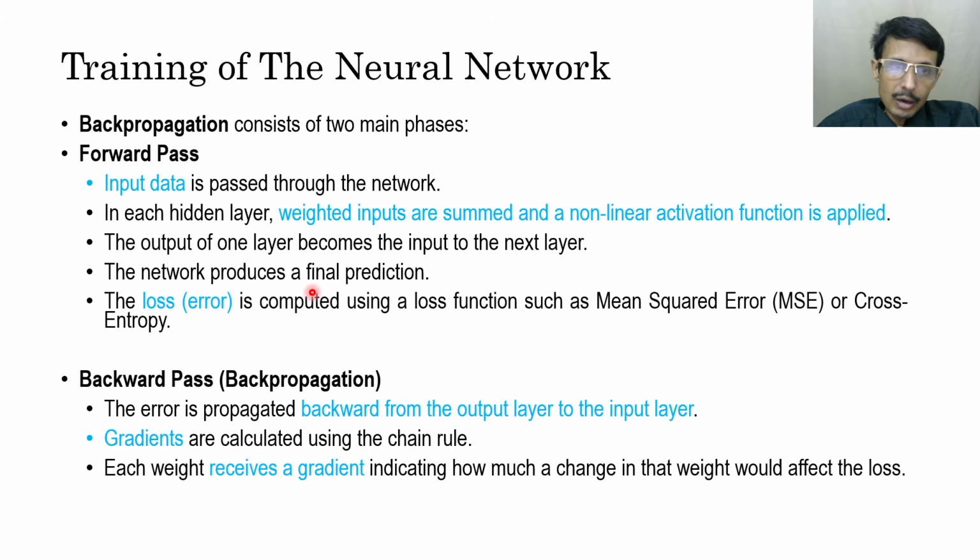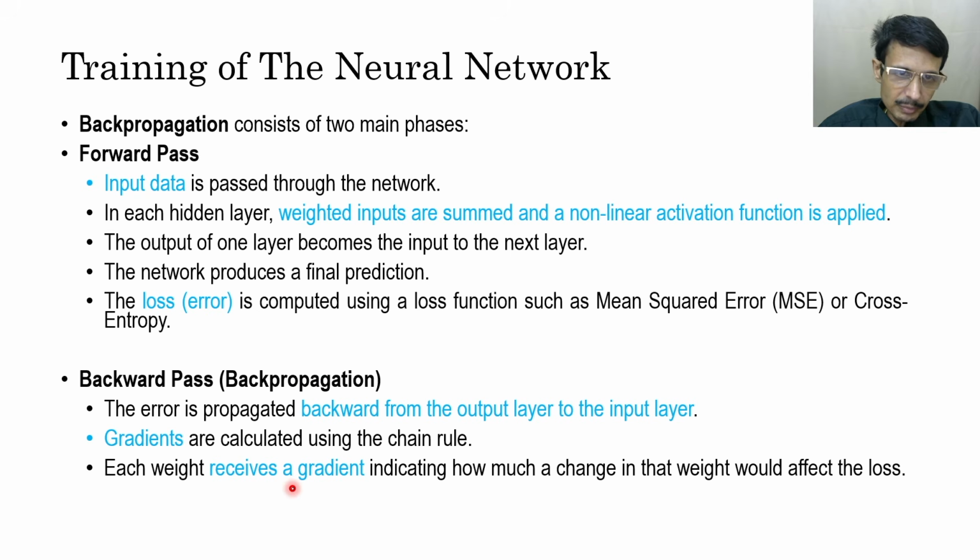Then, we compare the predicted output and the targeted output, and the loss is computed using loss functions such as mean square error, cross entropy, and so on. Accordingly, depending on this loss, using backpropagation, we try to modify the weights.